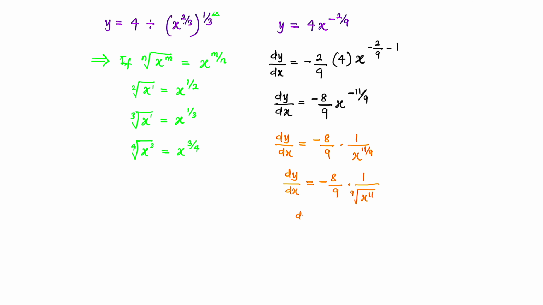So dy dx equals negative 8 over 9, 9th root of x raised to power 11, or you can just leave it as negative 8 over 9 x raised to power 11 over 9.